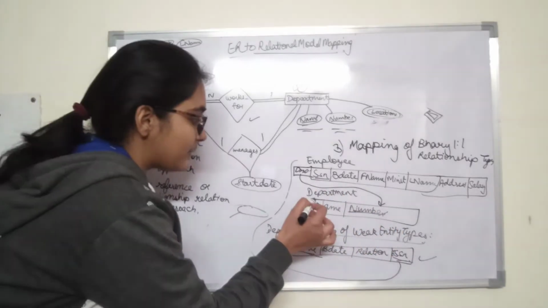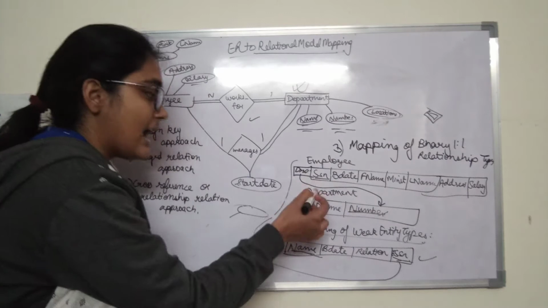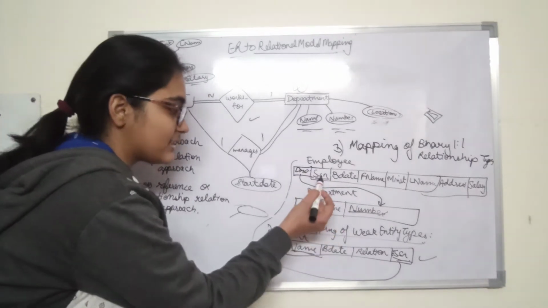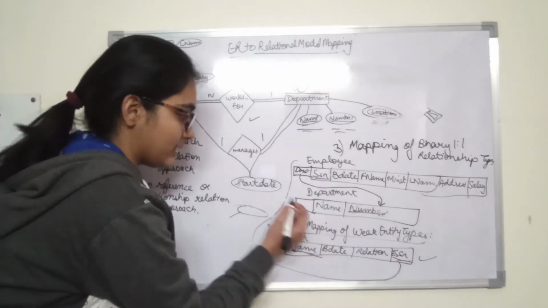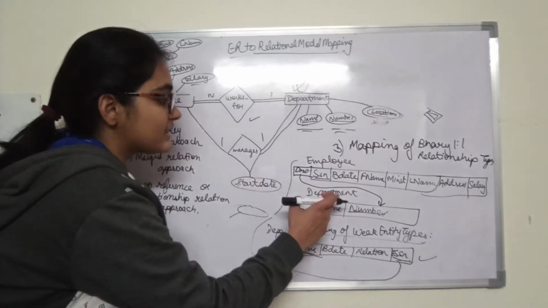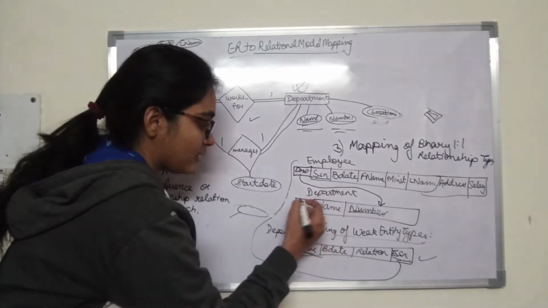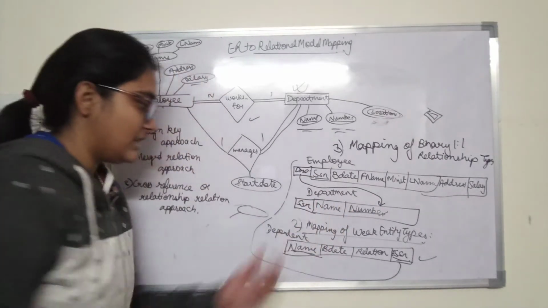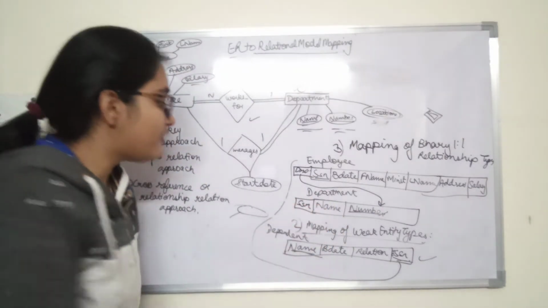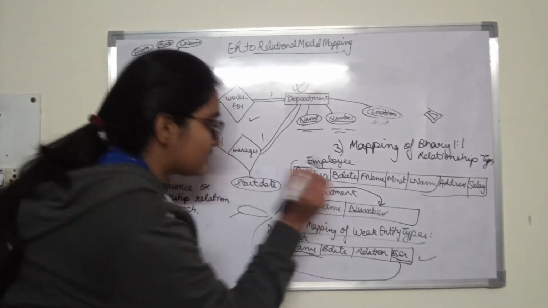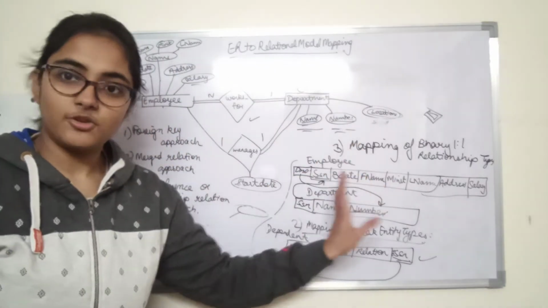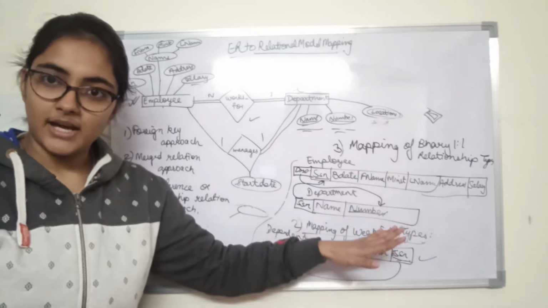Or I can include the primary key of employee relation as the foreign key in the department relation. What is the primary key of employee relation? SSN. So I can include SSN here, or I can even rename it and include it. This is a foreign key that refers to this particular attribute of employee relation. Either way can be done.